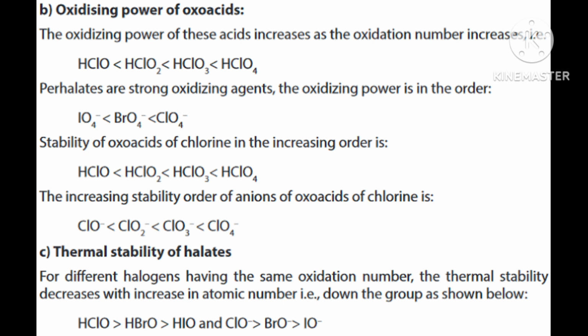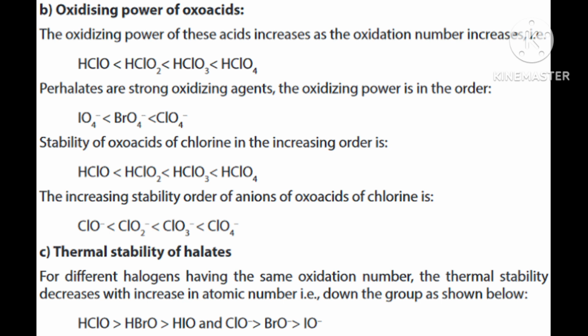Then what is the order of stability of oxides? Iodine oxides are more stable than chlorine oxides, and chlorine oxides are more stable than bromine oxides. This is the decreasing order.